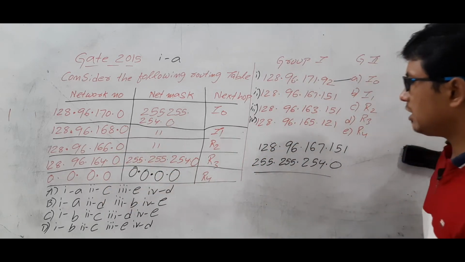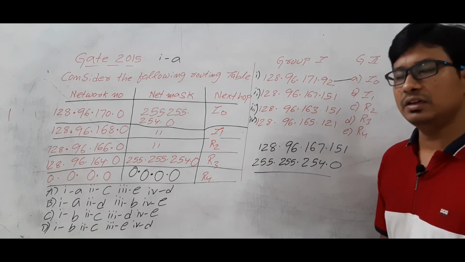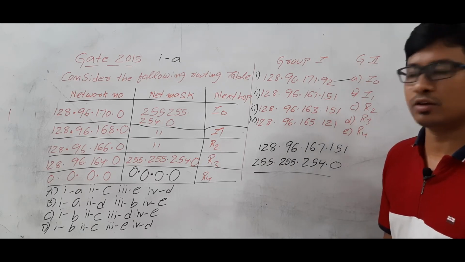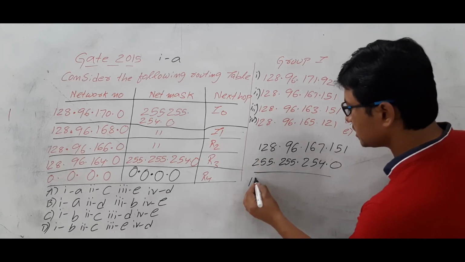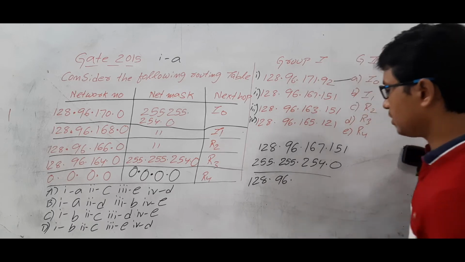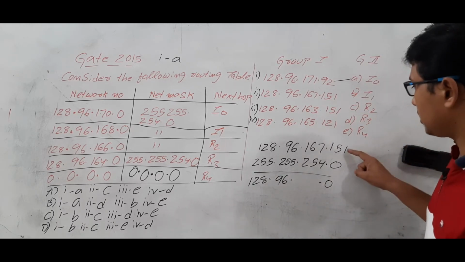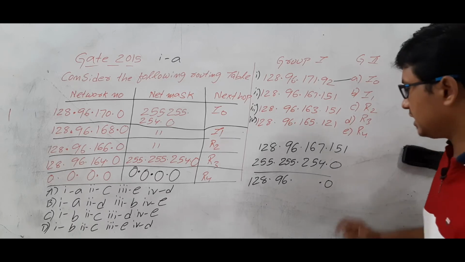Okay, so can you tell me 128 and 255, if I perform bitwise AND, what will I get? If you know the answer, you can write it in the comment section. I can clearly say that it is 128 and this is 96. Okay, this is 0. Will you agree or not? Okay, 151 and 0 you will get 0.